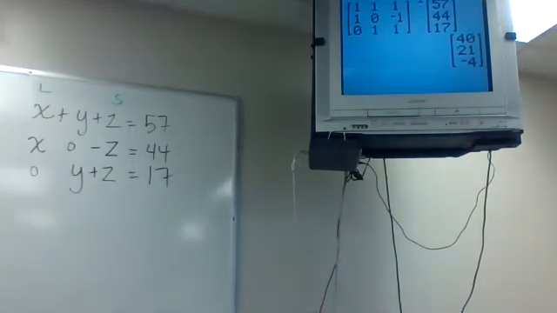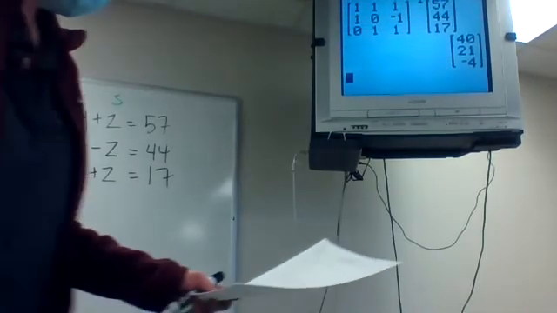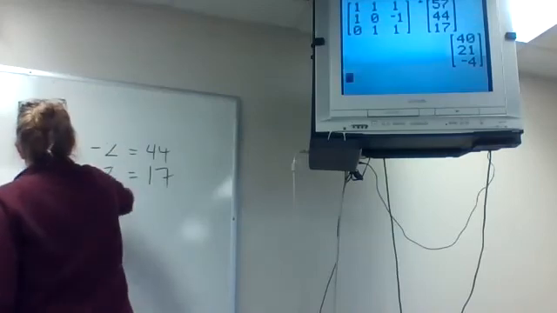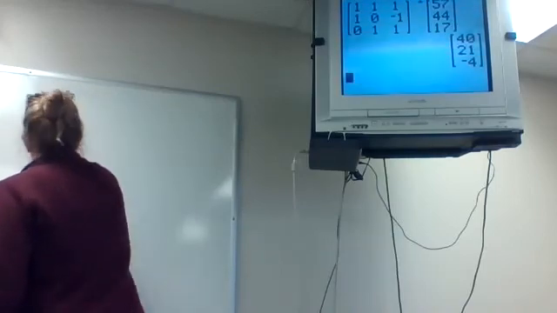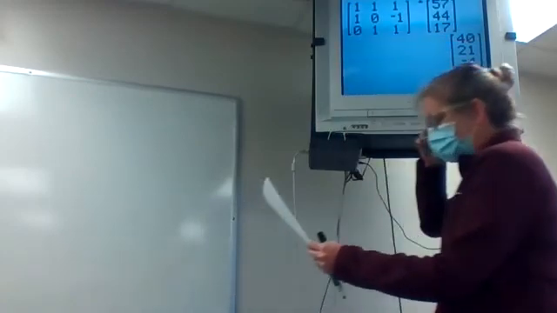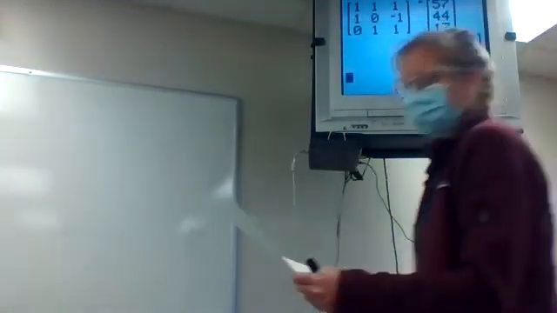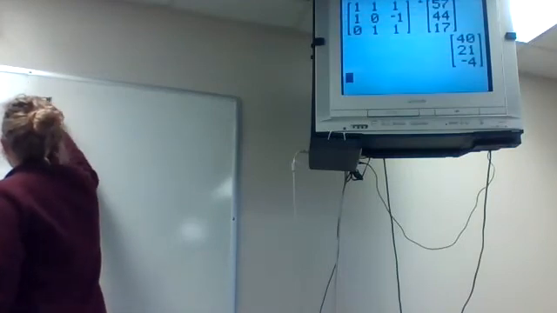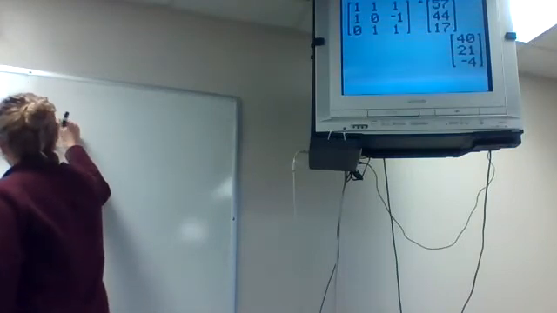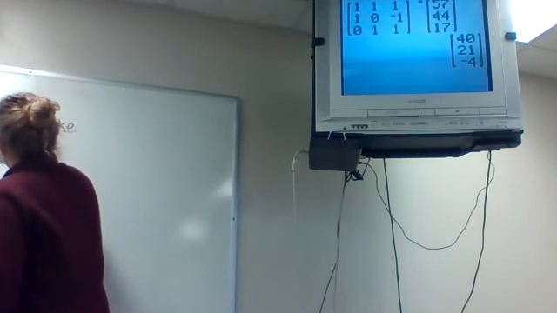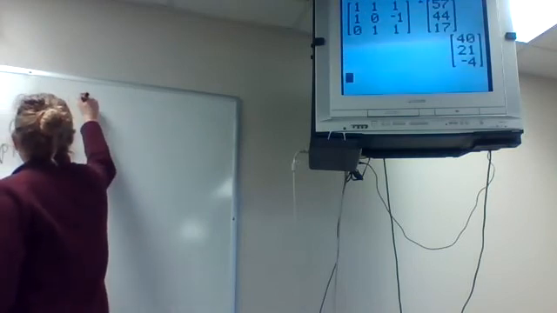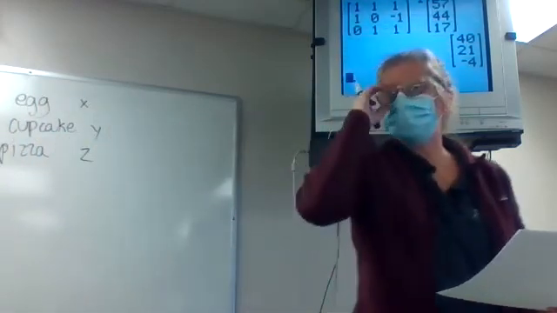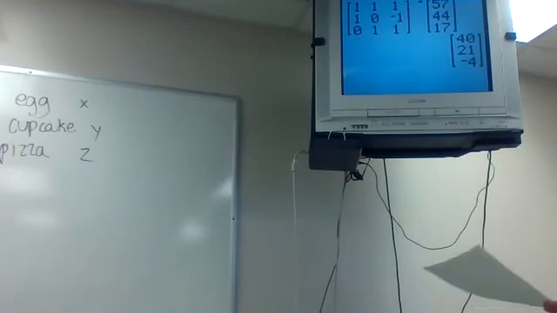All right, I think we have time to get this last one in. This one talks about eating eggs, cupcakes, and pizza. So we're going to name these X, Y, and Z, or A, B, and C, or whatever you want to call it.